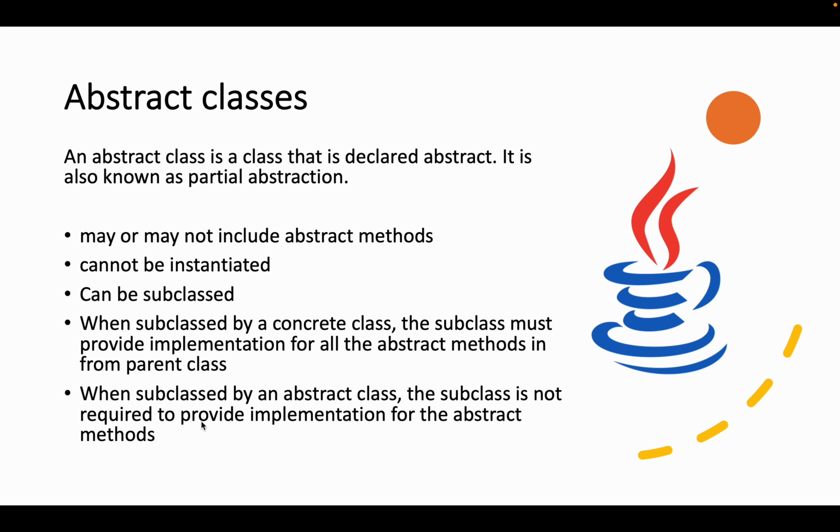When you subclass an abstract class with a concrete class, that concrete subclass must provide the implementation for all abstract methods from the parent abstract class. However, if you subclass the abstract class with another abstract class, the subclass is not required to provide implementation for the abstract methods.